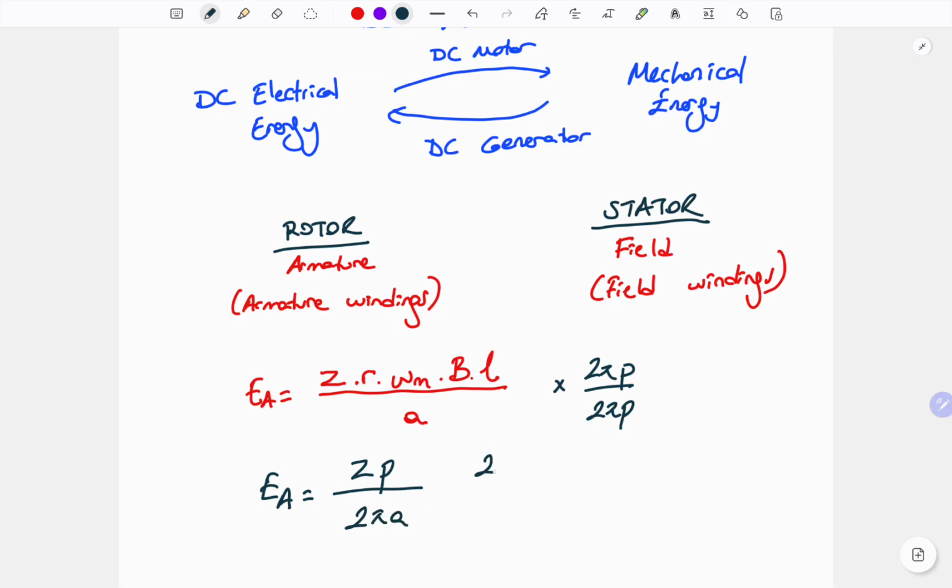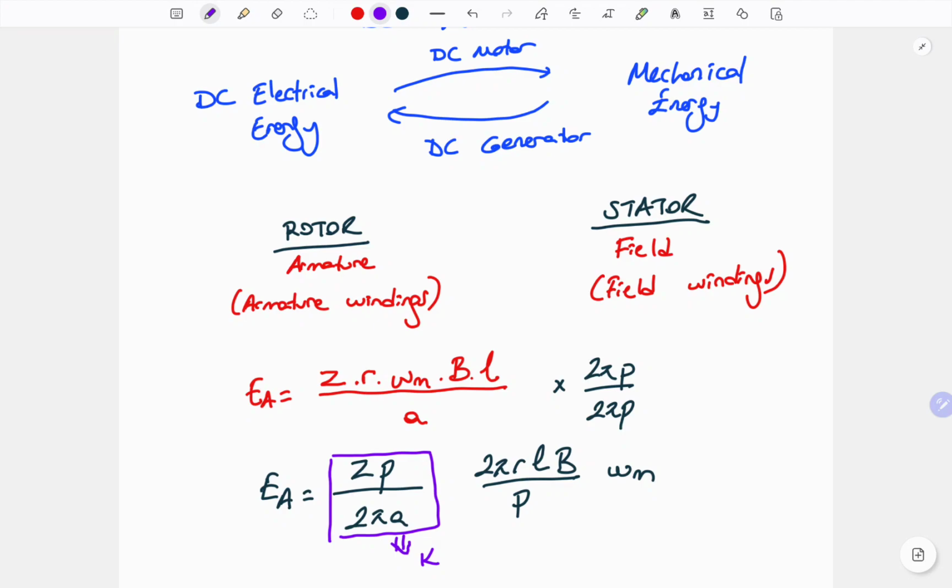Then the remaining part will be 2 pi RL over P, which is the per pole cross-sectional area, then the magnetic field density, and the Wm. When we examine this expression, the first part includes only constant terms, so it can be grouped and it will be the machine constant K.